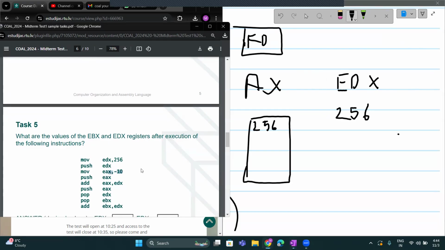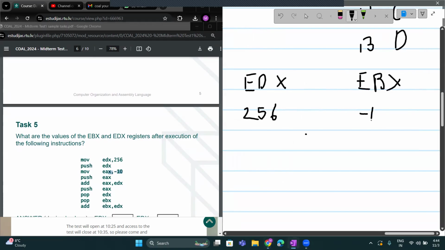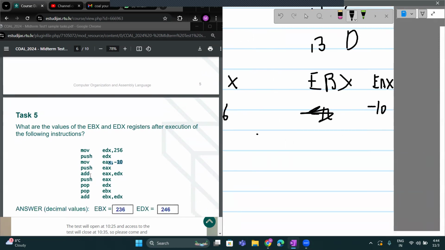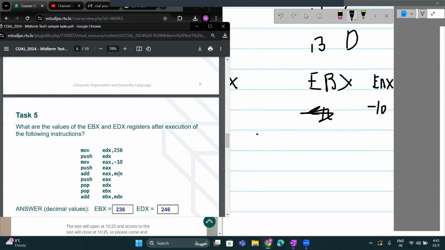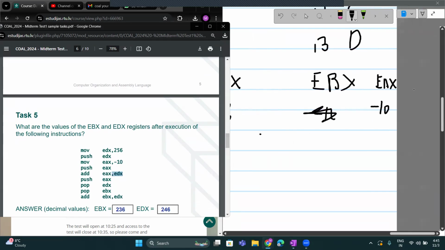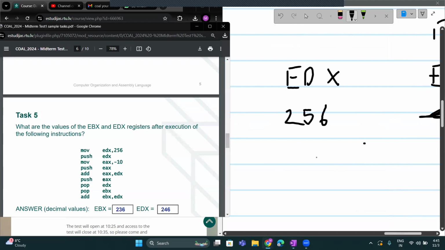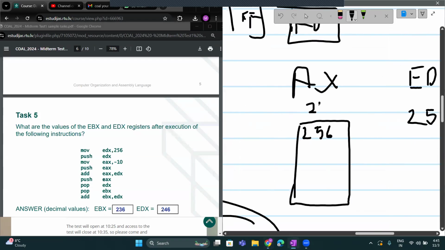And we moved -10 to EAX actually, so let's write EAX as well here. So -10, and add EAX, EDX. EDX is 256. When we add, the value of EAX changes, it will become 246. And then we push EAX on top of the stack.